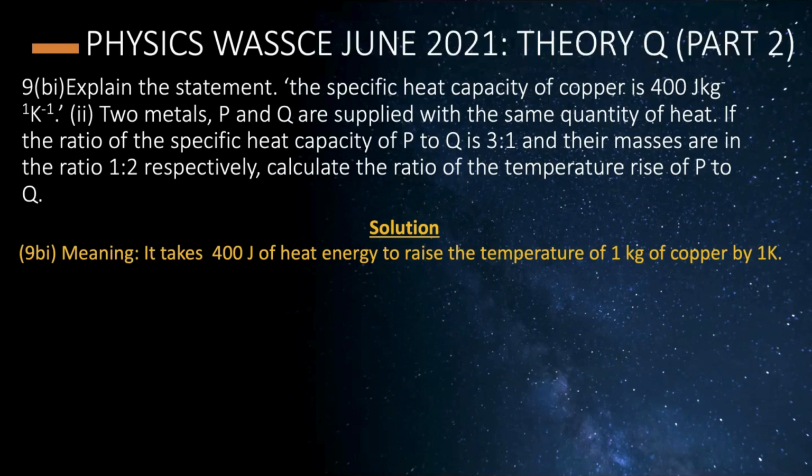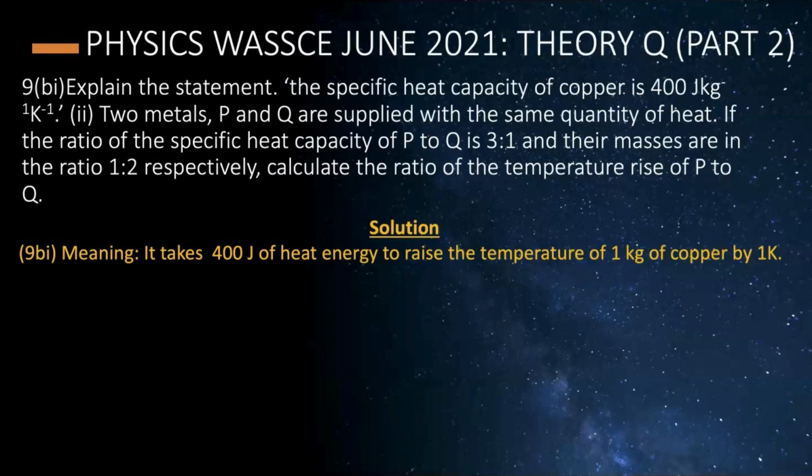So normally the specific heat capacity generally is the amount of heat energy required to raise a material that is 1 kg, so 1 kg of that material, raising its temperature by 1 Kelvin. So the total heat energy required to raise the temperature of 1 kg of a material by 1 Kelvin.